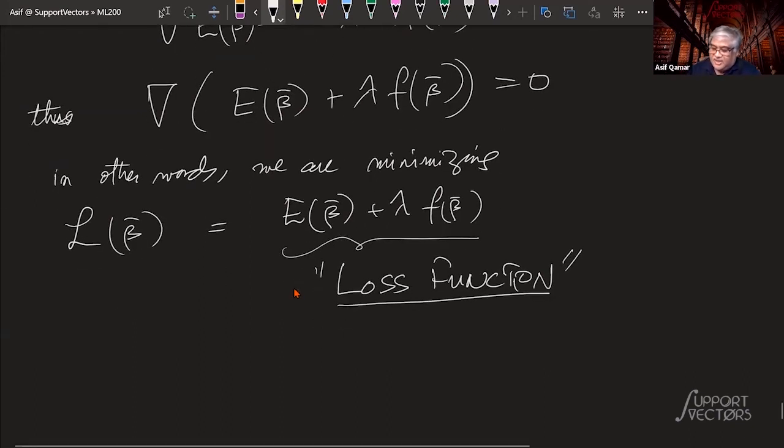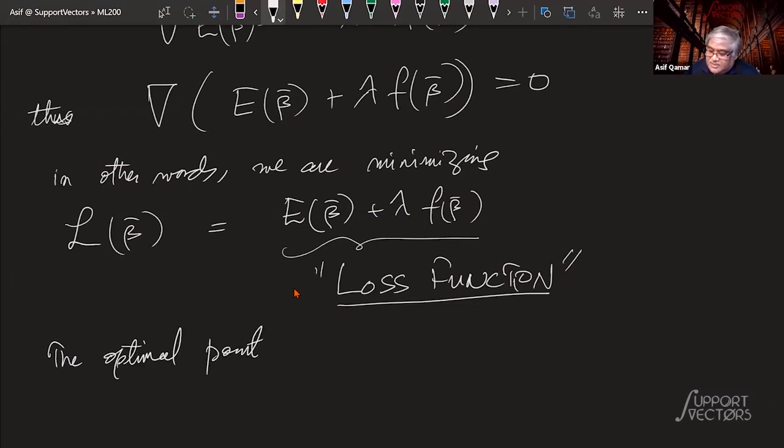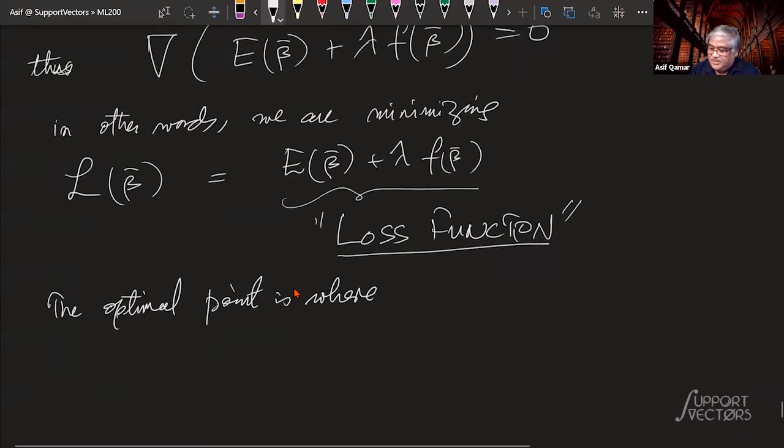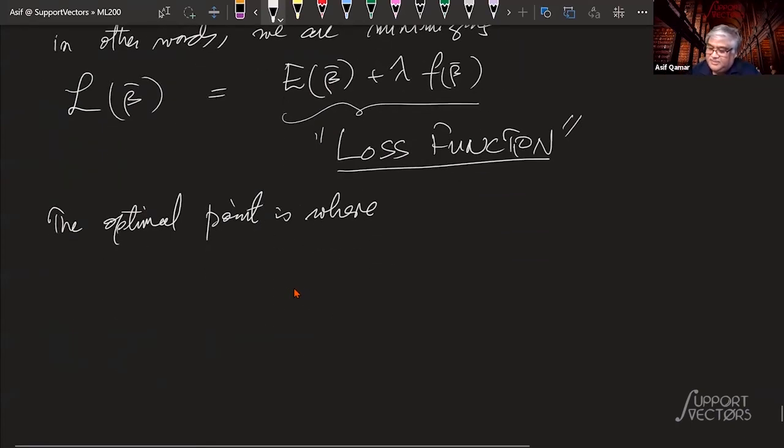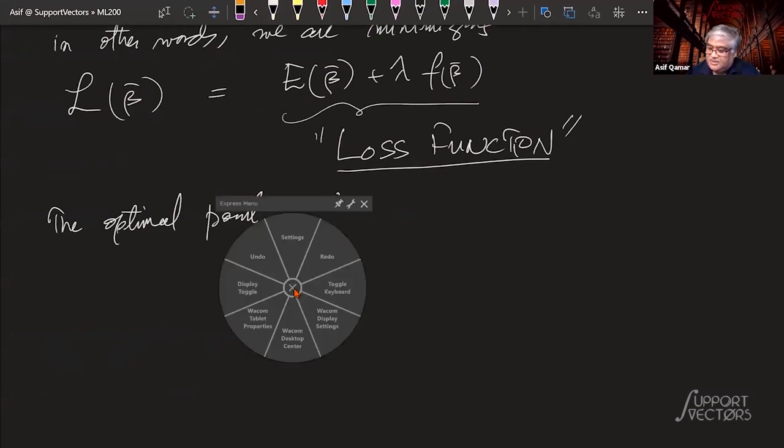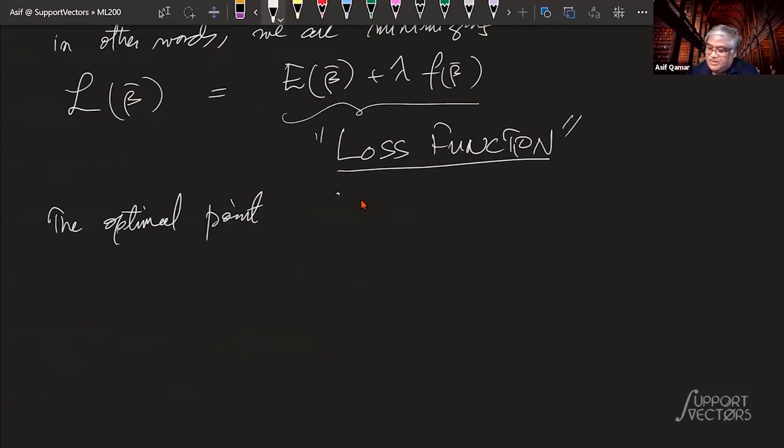So in other words, now you say the solution, the optimal point, forgive me, the point beta tilde is where the loss function is minimized.